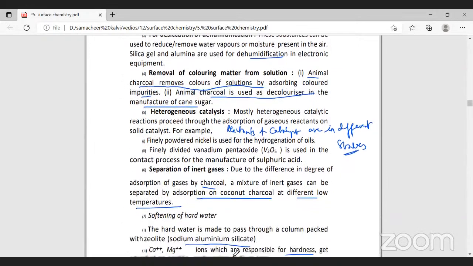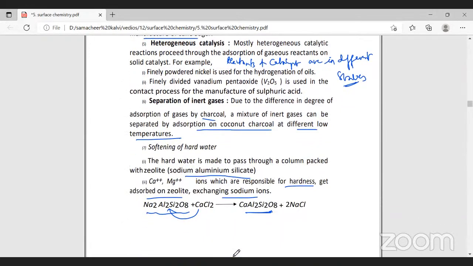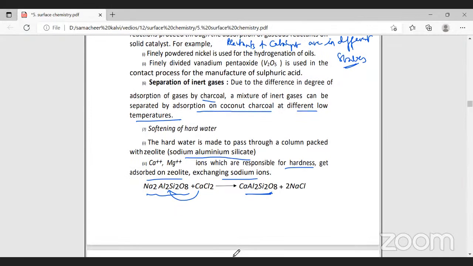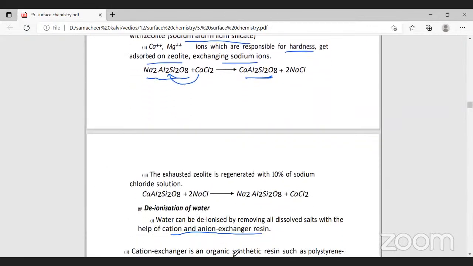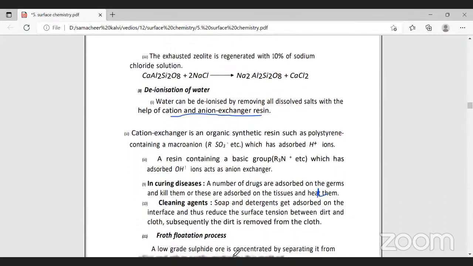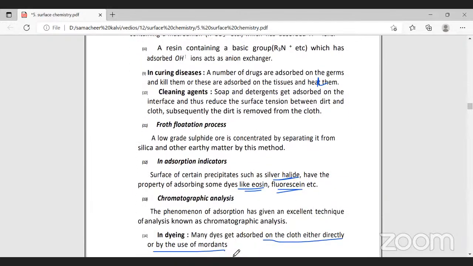So many applications we have learned. They can ask you to mention a few of the applications of adsorption. We have learned 13 or 14 applications, so you can mention a few.